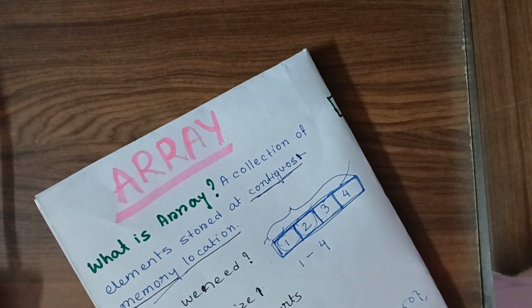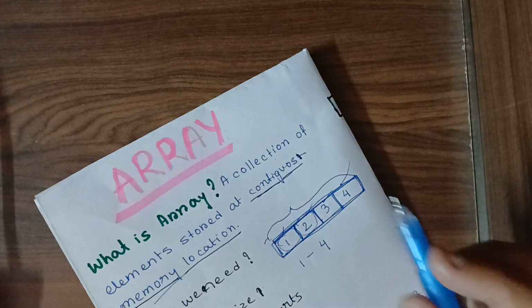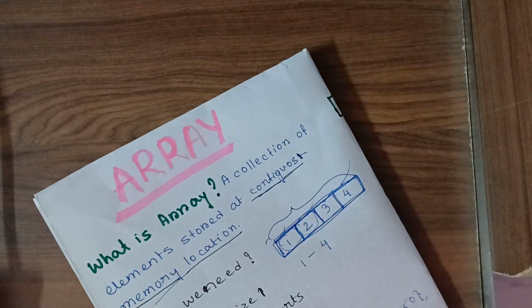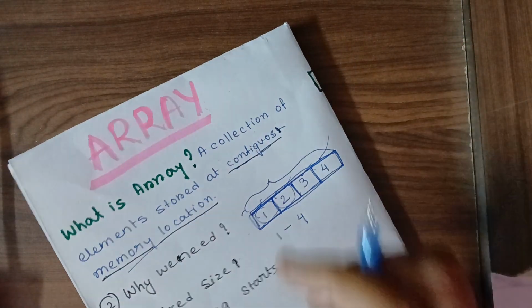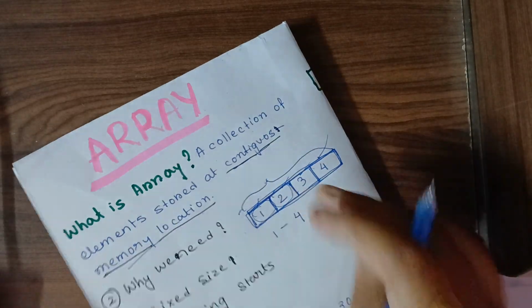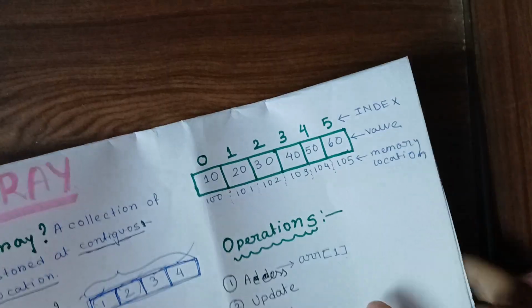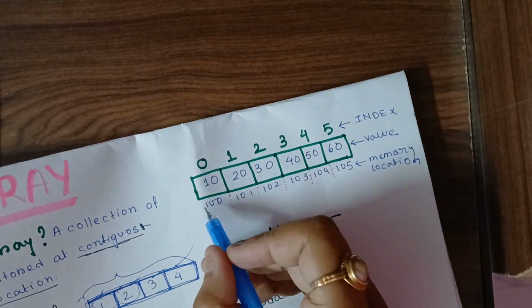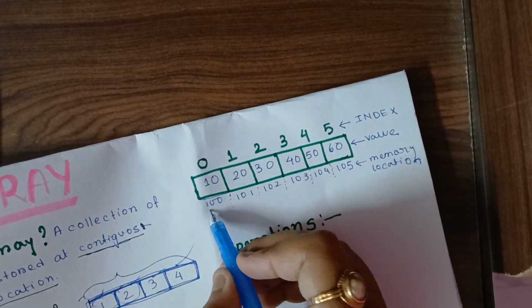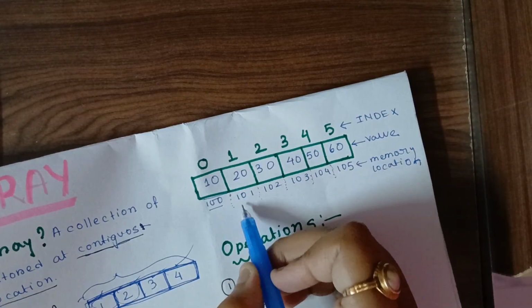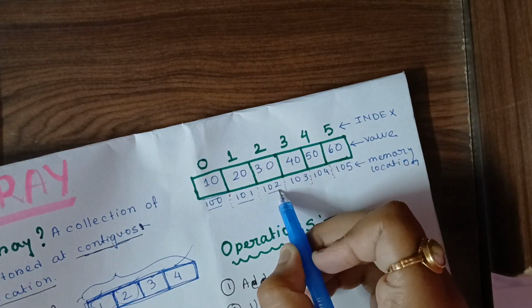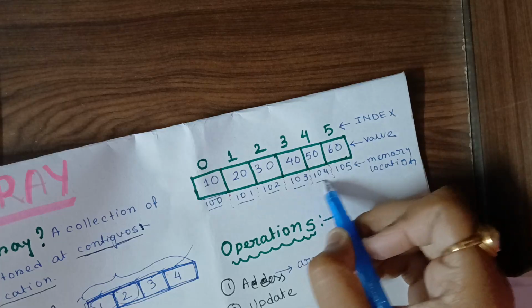Now the second part is contiguous memory location. In our computer there is some memory space. For every memory space there are some addresses present. Means for each slot there is an address. We can say for this slot the address is 100. For this slot the address is 101, 102, 103, 104, 105.